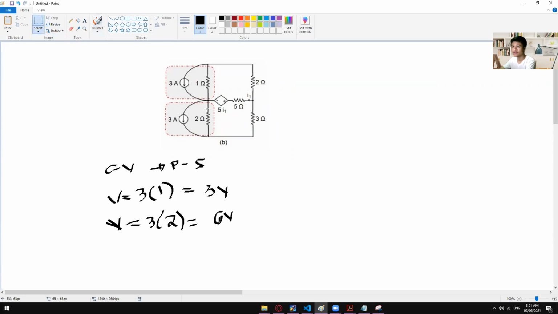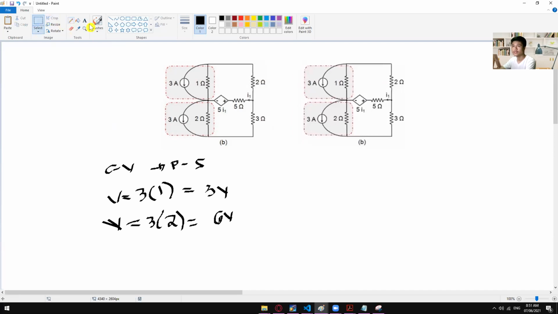And then again, if we are going to transform this one into a voltage source, let's just remove this one for now. Don't need this one. From here, we will now have a series connection. Always take note of the polarity. So we have here the resistance followed by the voltage source, positive, negative.